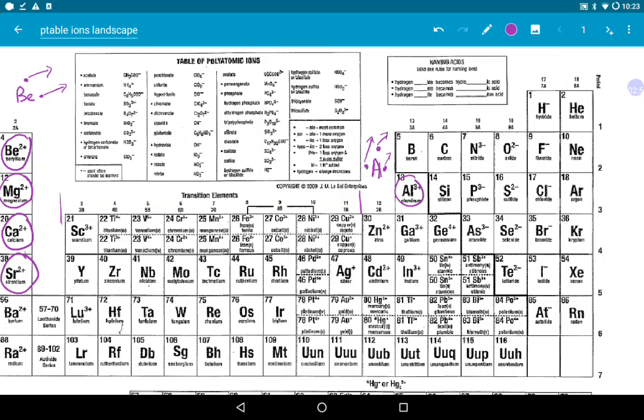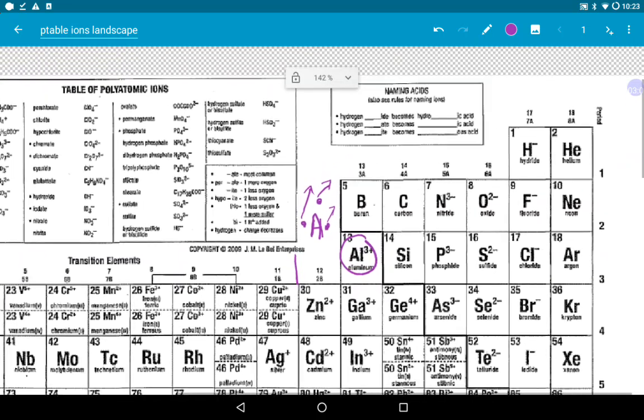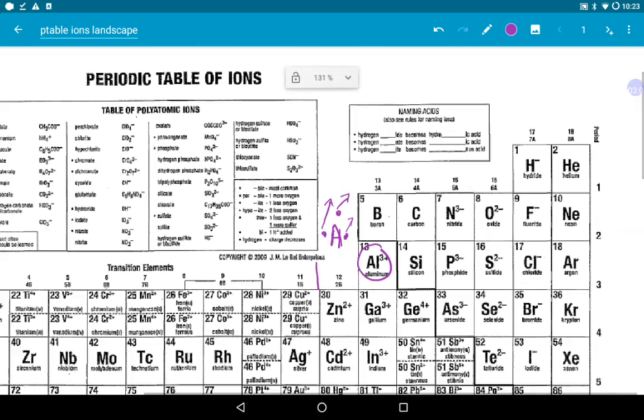Okay, so let's look over here at some nonmetals, and notice hydrogen can also accept an electron. So if you think of hydrogen, it has 1 electron. It would also have room for 1 electron to gain. If it gains an extra electron, then it's negative.